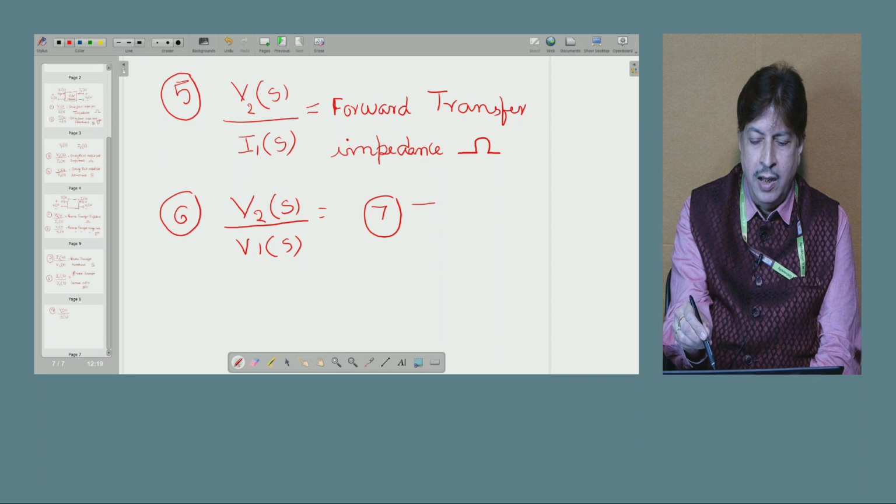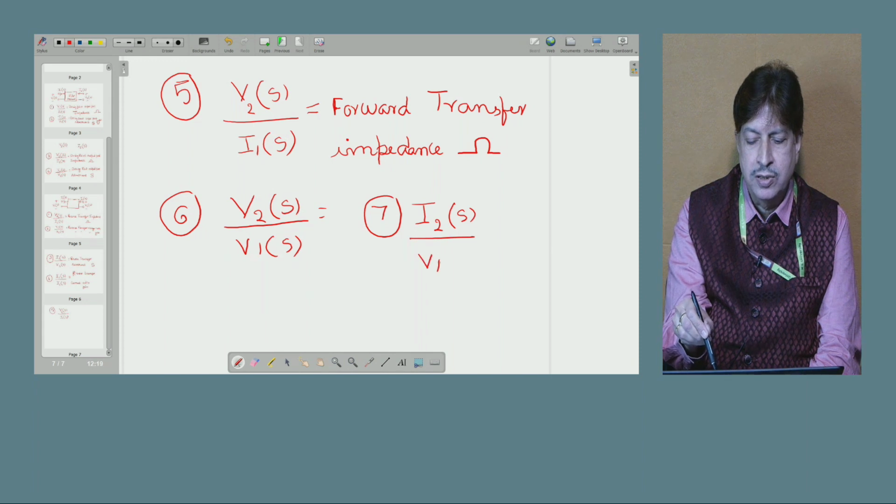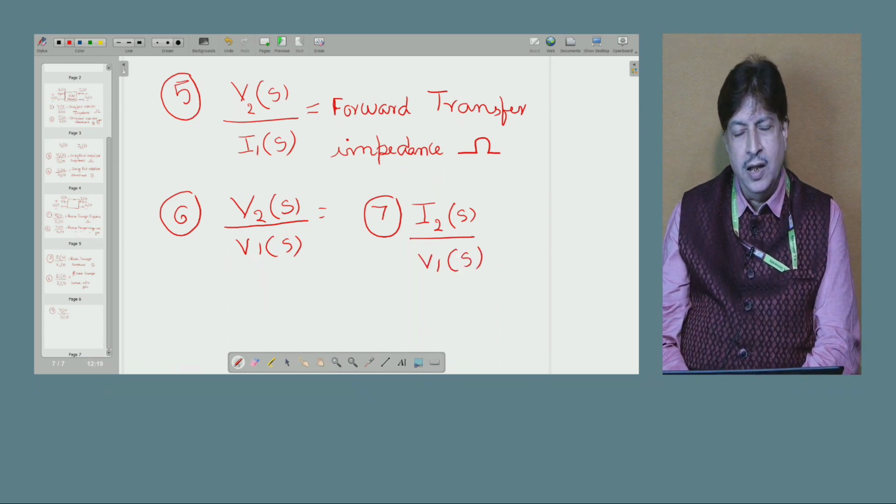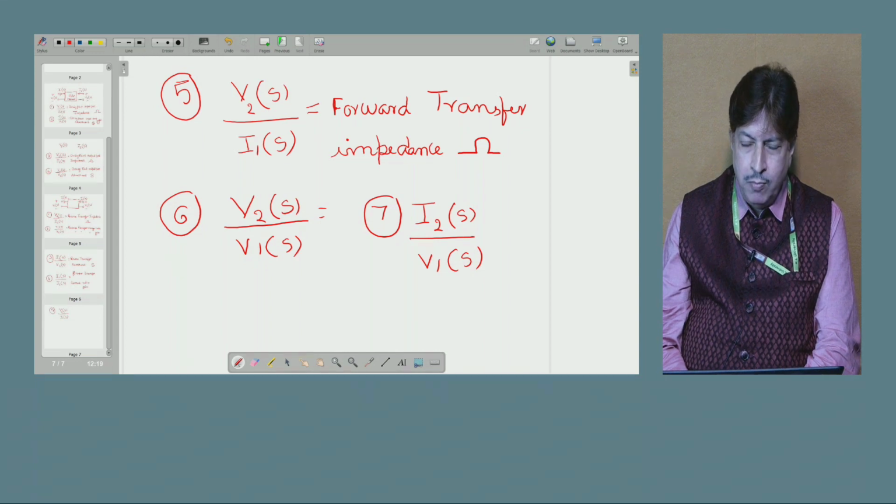Imagine I am considering I2s by V1s. So what is the appropriate name for this seventh function? It is forward transfer admittance. Why forward?